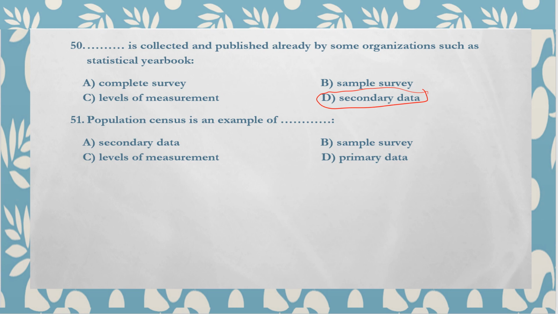Population census is an example of primary data, as it's information collected using a questionnaire.